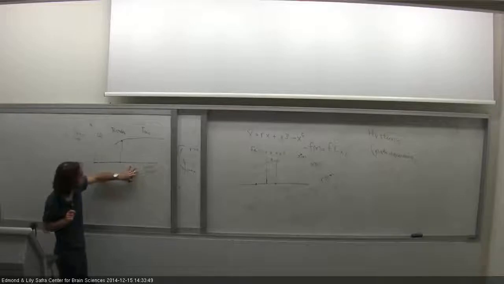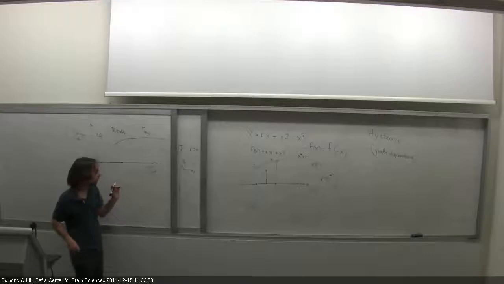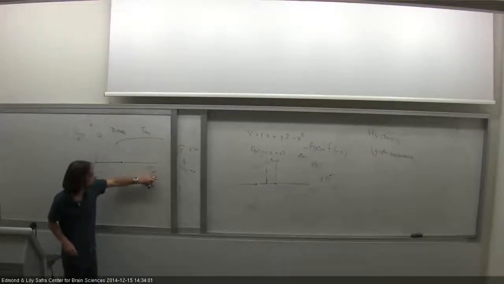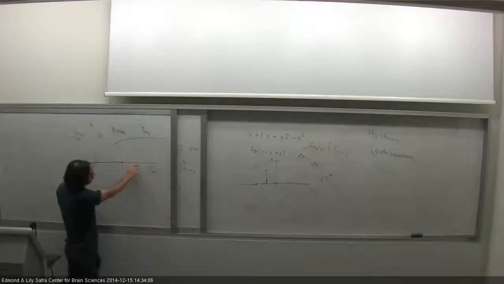But let's consider the system without my own intervention of injecting current. Let's say that I only increase the external input. I increase, and beyond this point, I put it under a very high external input.